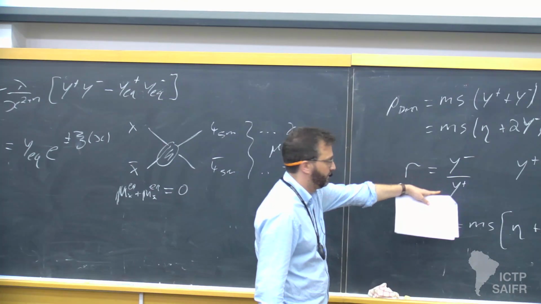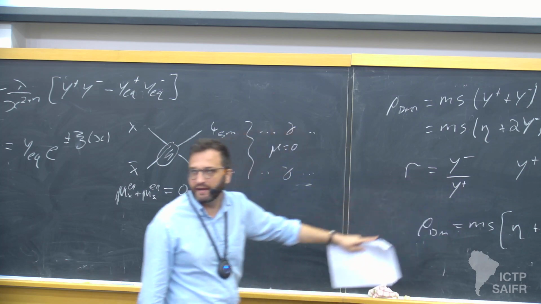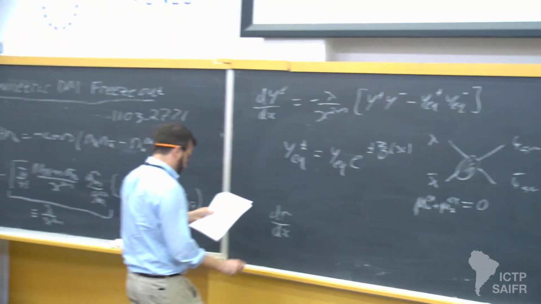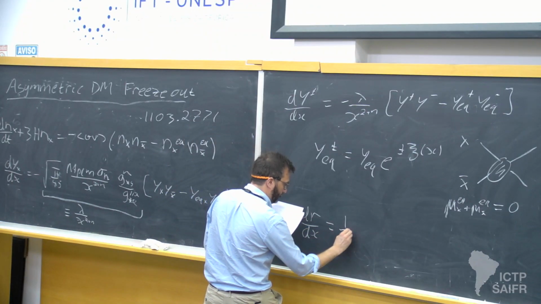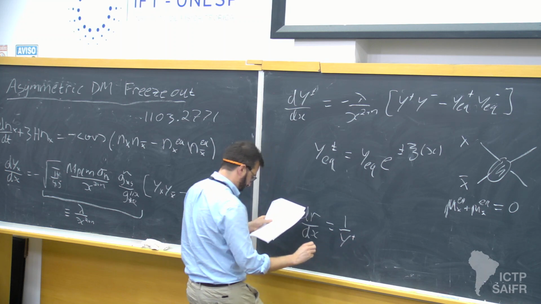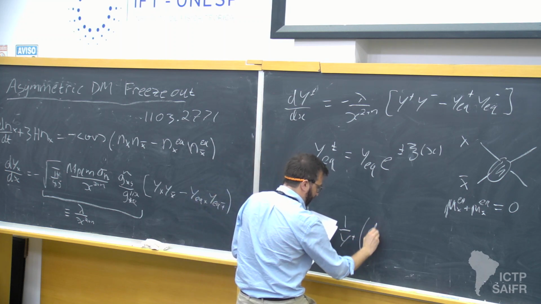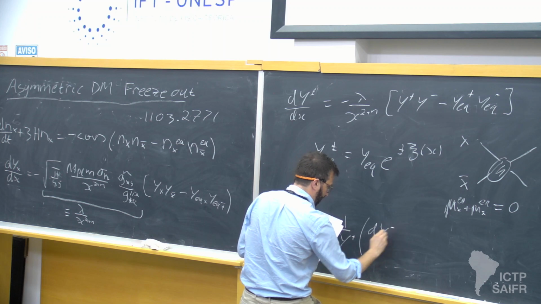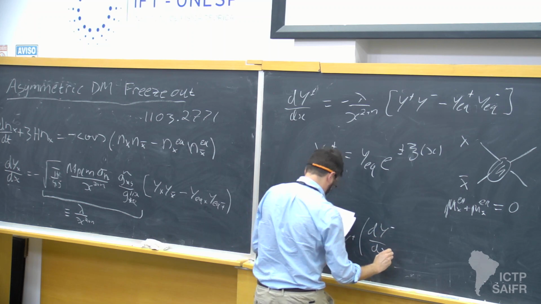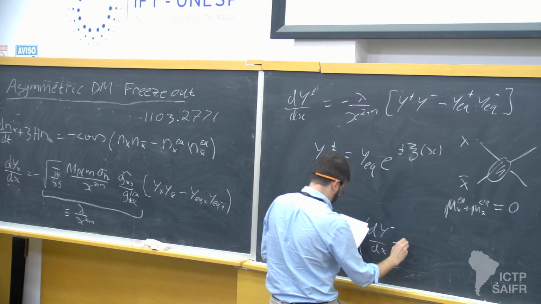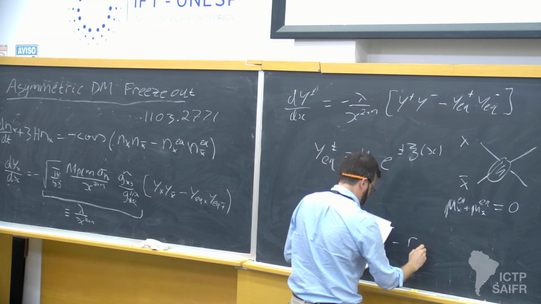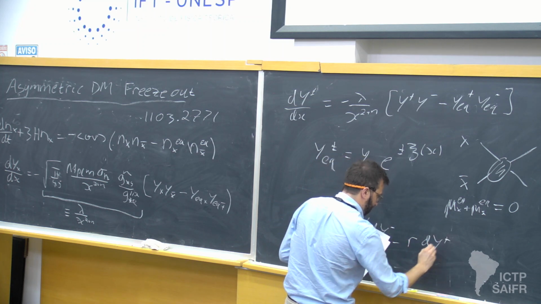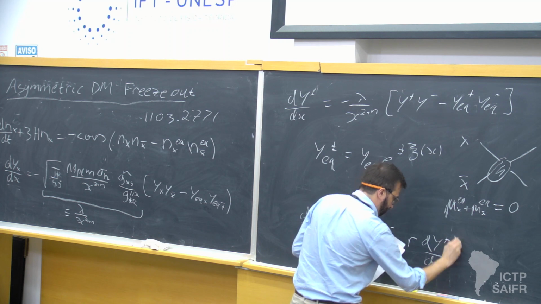So take the derivative with respect to x of this, okay? And you'll find that it's just 1 on y plus, then dy minus dx minus r dy plus dx. Okay.